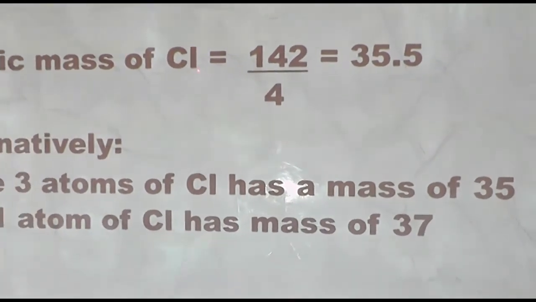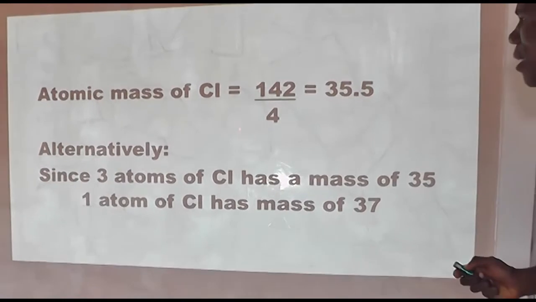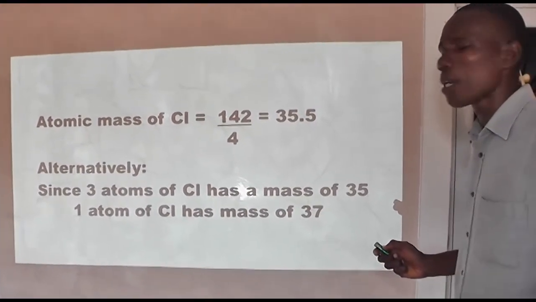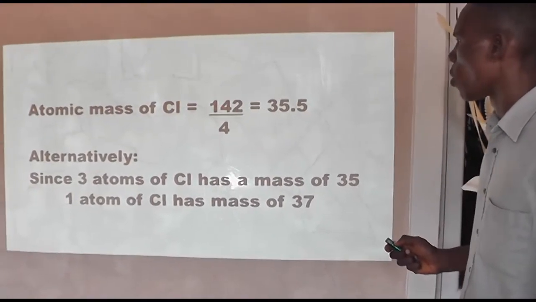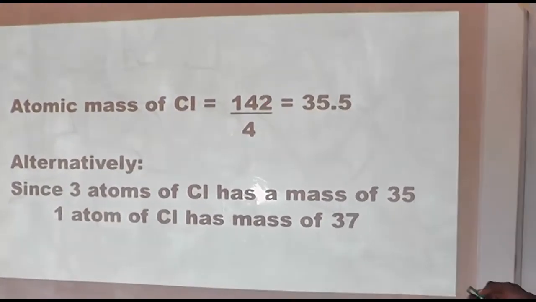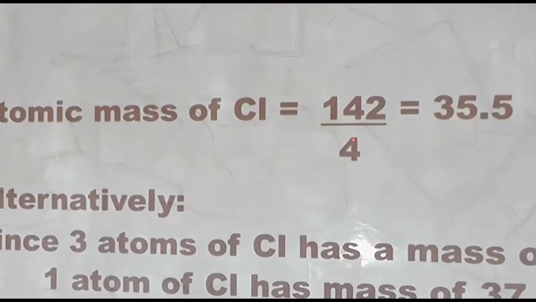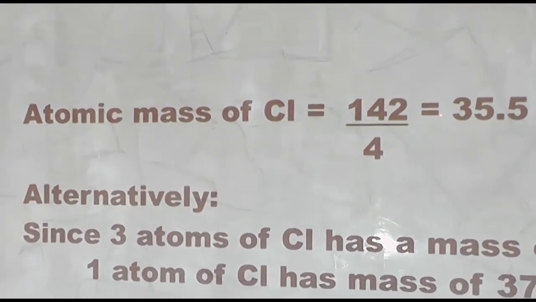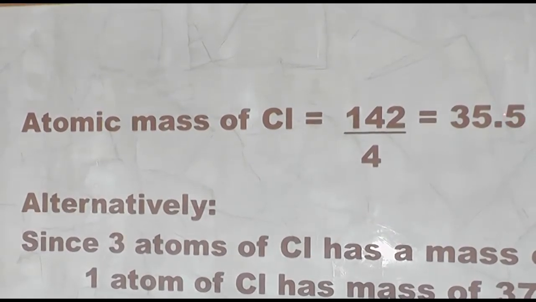The atomic mass of chlorine, therefore, will now be the average of the masses that we have. What is the mass? 142 divided by the total ratio, which is 4. 142 divided by 4 gives us 35.5.